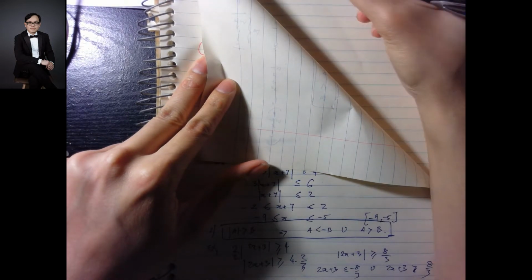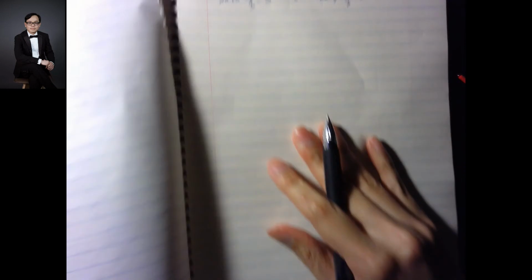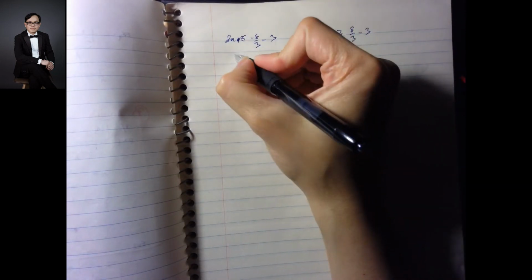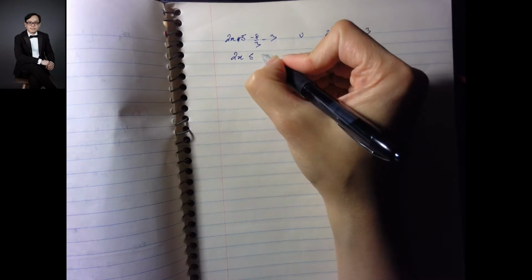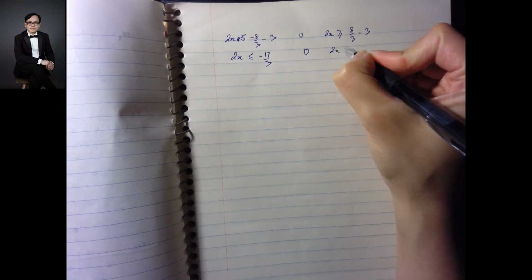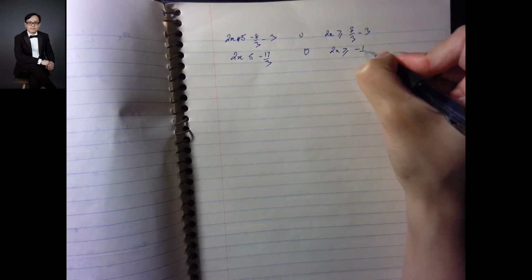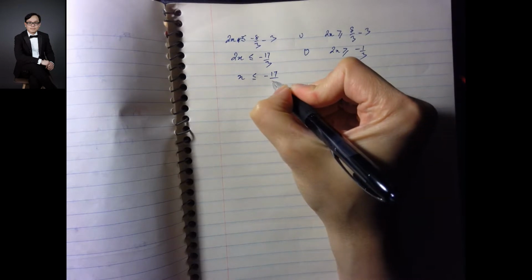I subtract 3 from both sides over here. So I have 2x less than or equal to negative 17/3, union with 2x greater than or equal to negative 1/3, and divide both sides by 2. I have x less than or equal to negative 17/6 and greater than or equal to negative 1/6, union.